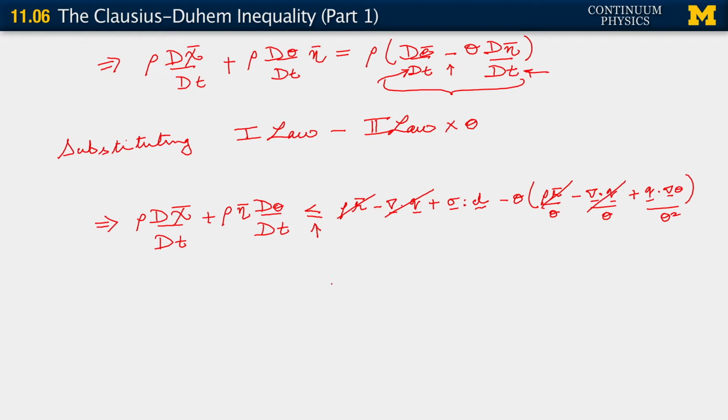And what we are left with then is that rho times the material time derivative of the Helmholtz potential plus this term is lesser than or equal to the rate of working of the Cauchy stress minus that.